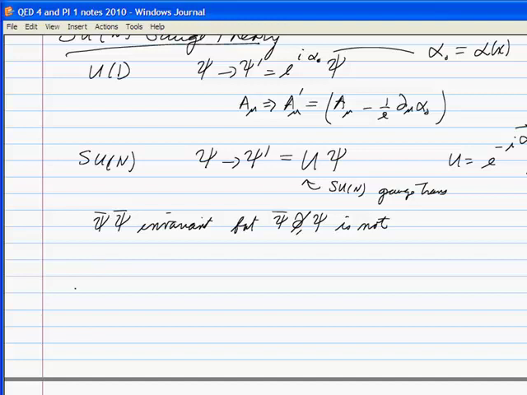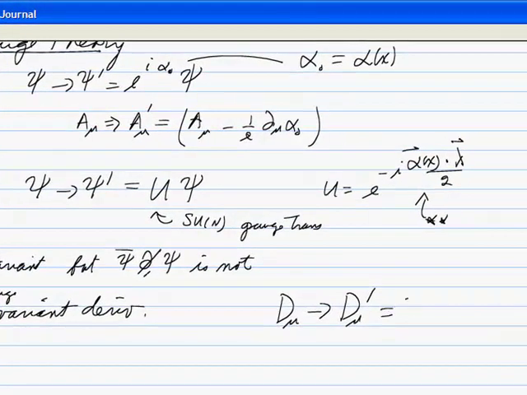So here let's try to do the same thing. I'm going to try to define a covariant derivative, so gauge covariant derivative, D mu, such that D mu goes to D mu prime, which is U D mu U dagger.